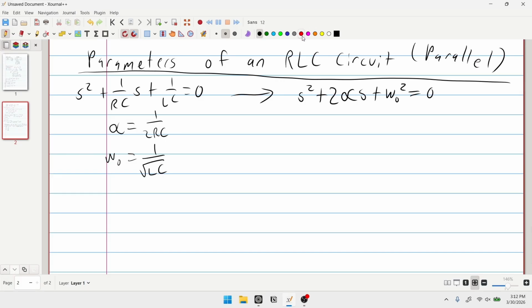Alright, and so these are very important and make finding our solution a lot easier, because you could try and solve this quadratic, but the quadratic formula is kind of annoying to type in your calculator.